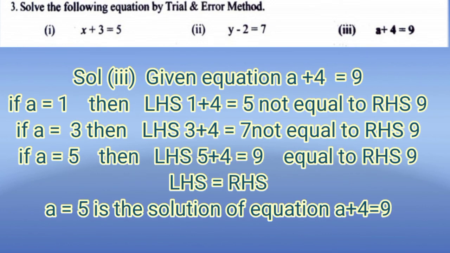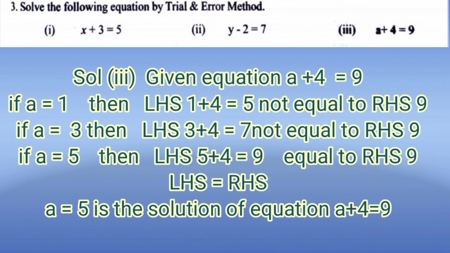Now, a plus 4 equal to 9. Solution. Given equation a plus 4 equal to 9, where LHS equal to a plus 4 and RHS equal to 9. If a equal to 1, then LHS 1 plus 4 equal to 5, that is not equal to RHS 9.